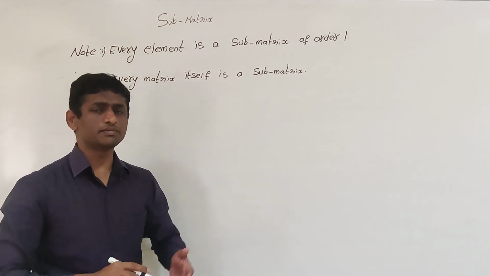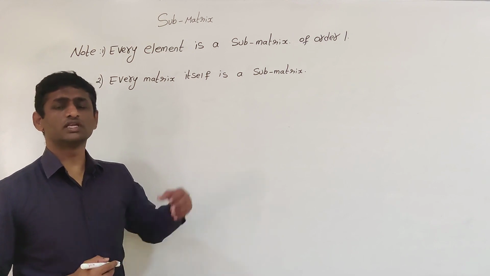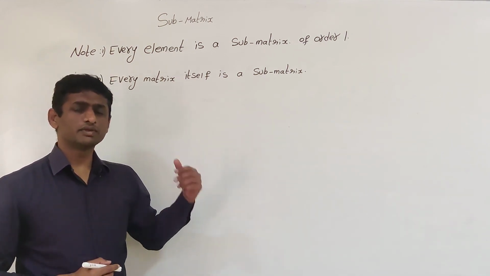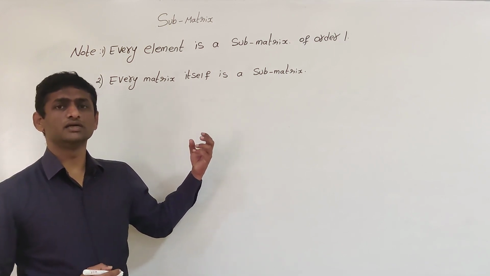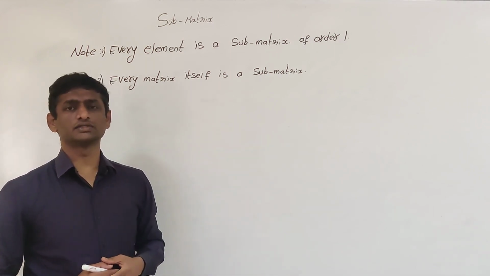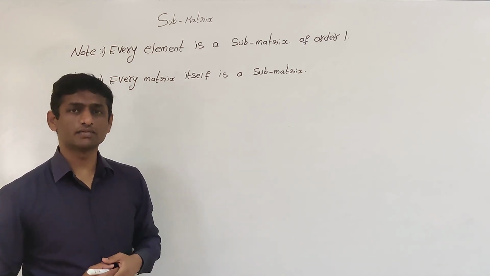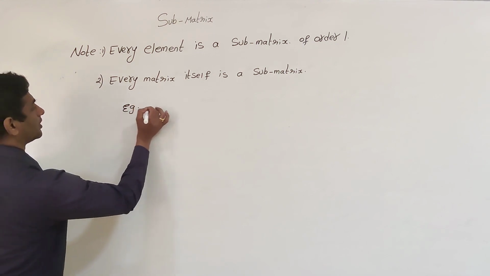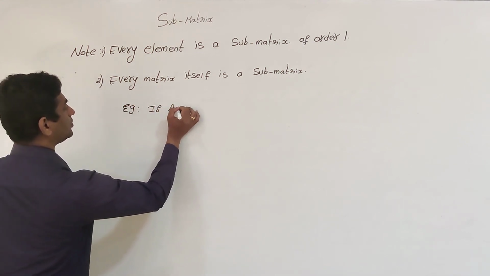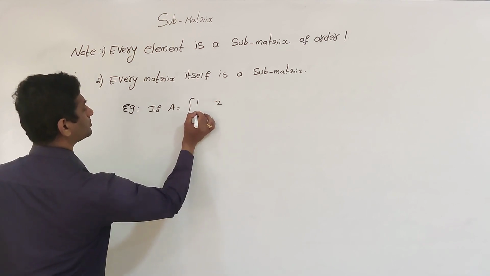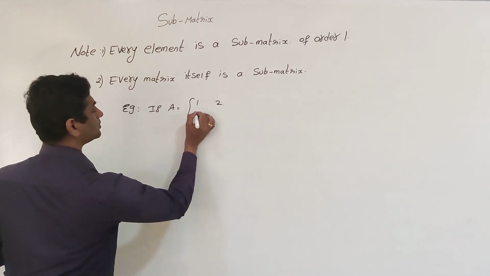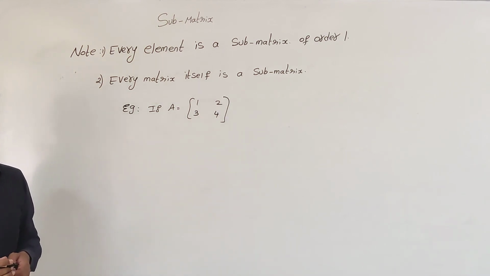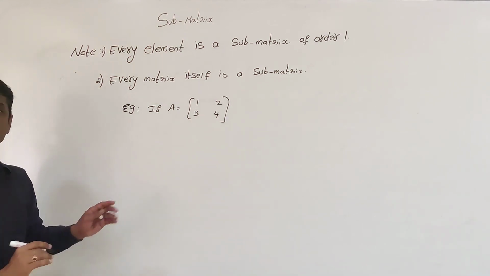Now in the submatrices, for a given matrix of size m by n, we may find that a few of them are rectangular matrices and a few of them are square matrices. Example, if A is equal to 1 2, 3 4, what are the submatrices?